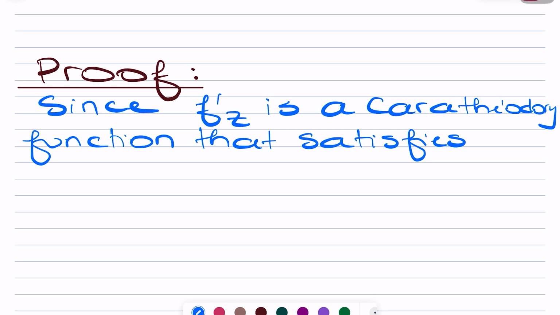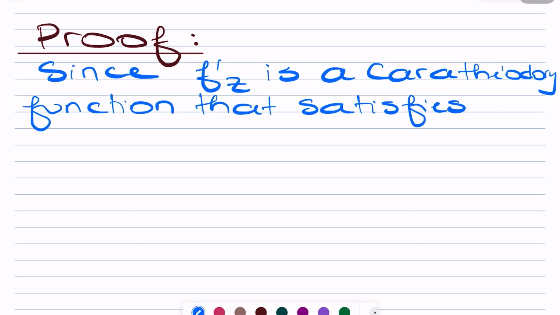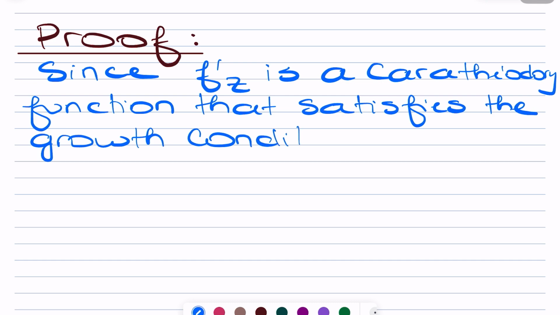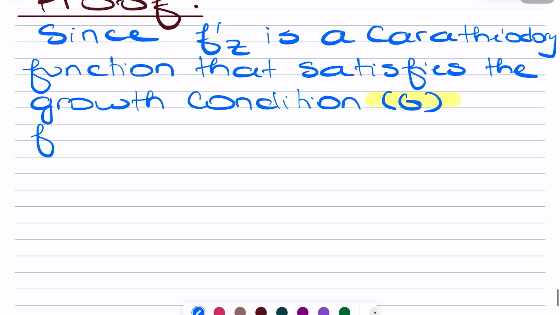So don't get confused. Since f prime of z is a Caratheodory function that satisfies the growth condition G, that we defined at the very beginning, for P prime equals P minus Q.